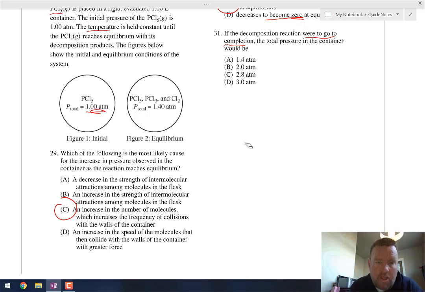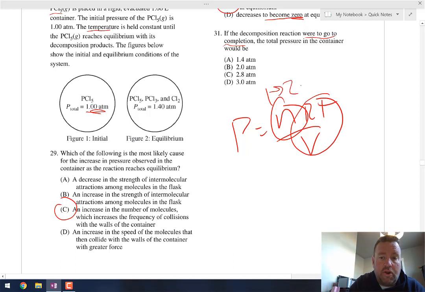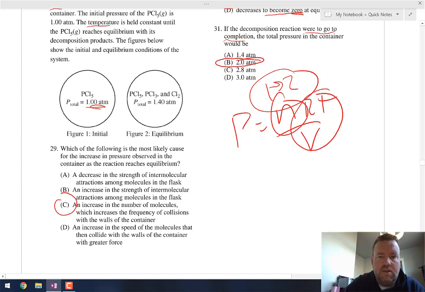The volume isn't going to change, so P equals nRT over V. If your number of particles doubles and everything else stays the same, if this goes from one particle to two particles, that's going to double, and then therefore your pressure must also double. So the correct answer is B.